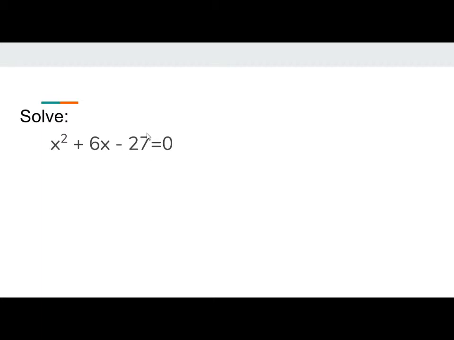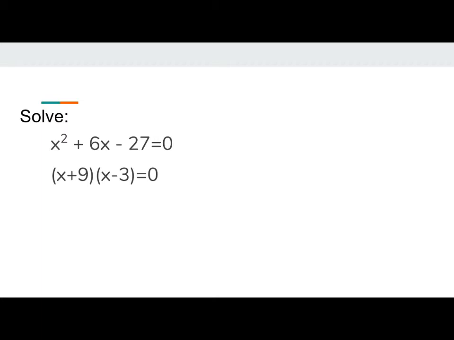I can ask what are two numbers that multiply to negative 27 that also add to 6. So I know that positive 9 times negative 3 would be negative 27, and positive 9 plus negative 3 would be positive 6. So my two factors would be x plus 9 and x minus 3.